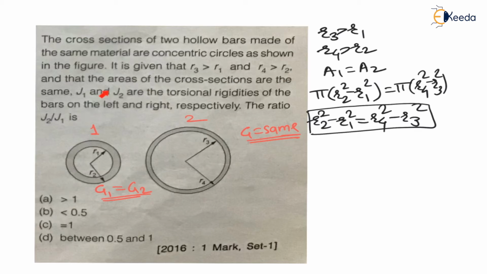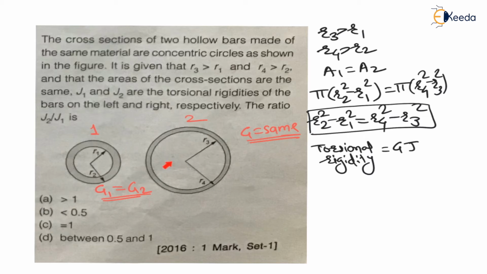Then J1 and J2 are the torsional rigidities of the bar for left and right section. Now torsional rigidity is nothing but the product GJ, where G is shear modulus and J is polar moment of inertia.